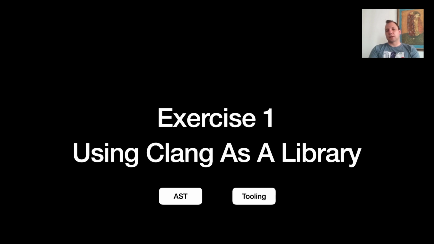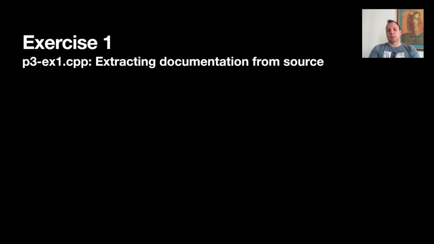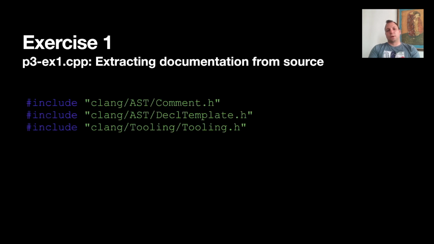As part of exercise 1, I would like to make a baby step into how we could use Clang as a library. For that, we will be using two major components of Clang: the AST component and the tooling component. In that exercise we'll be extracting some documentation from a source file. As a rule of thumb, we can use Clang as a library in exactly the same way as you would use any other library.